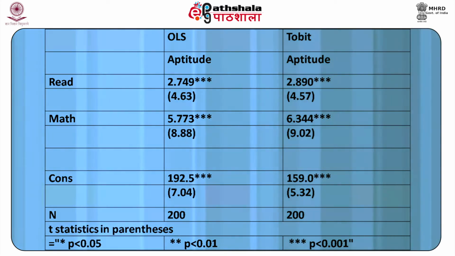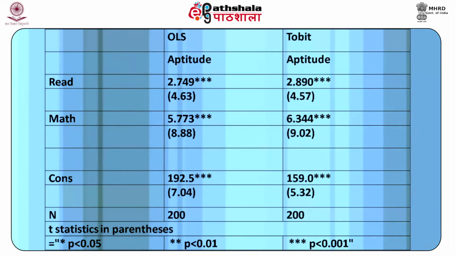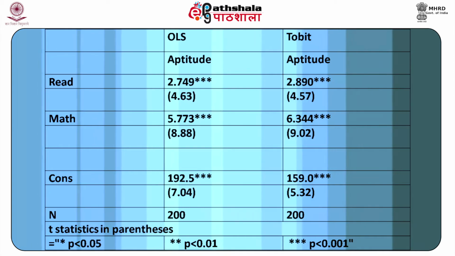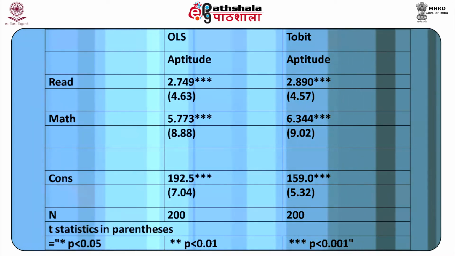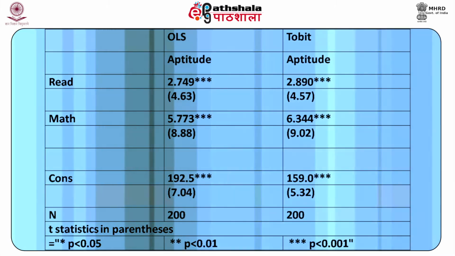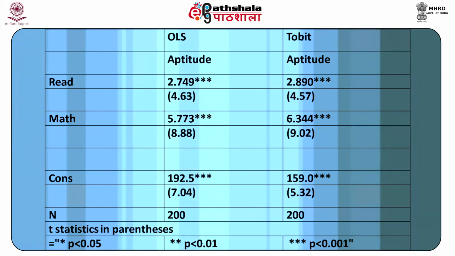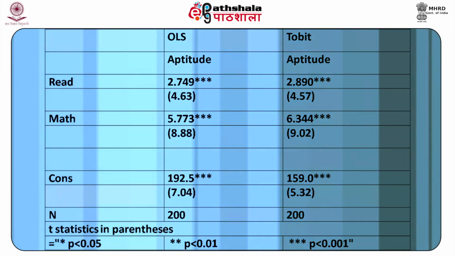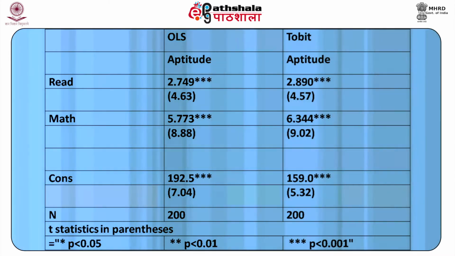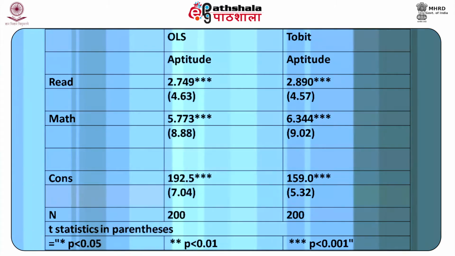Now the results obtained from estimation of both the models are given in table 1, which we will now consider. For a 1 unit increase in the characteristic read, there is a 2.7 point increase in the predicted value of aptitude in case of OLS and 2.9 in case of the Tobit model.